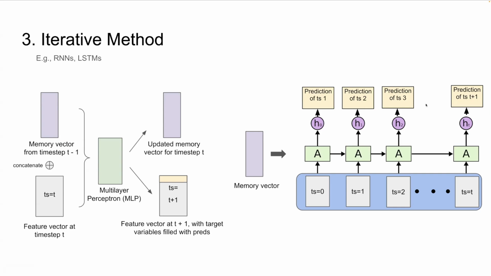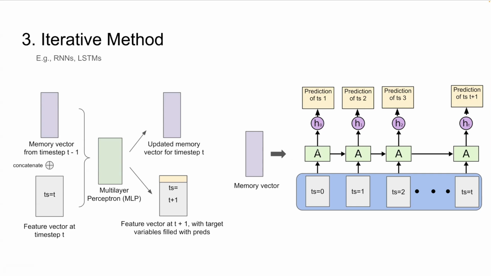And then on the right-hand side, you'll start with a memory vector. A simple way to initialize the memory vector is just to set it to be all zeros. Then you iteratively pass it into the model. So the A here will just be this linear layer or multiple linear layers.